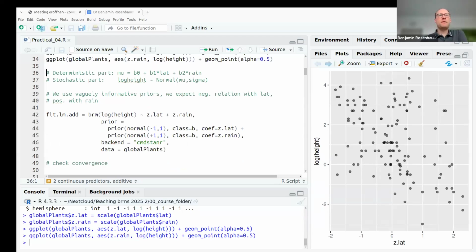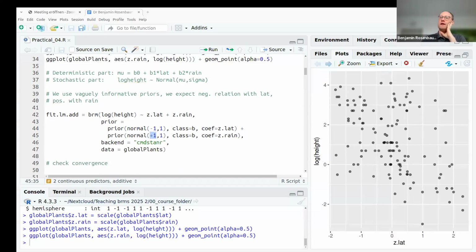I'm not going that much into prior choices here. Again, you can always do prior predictive checks. We have seen how this works. Here I'm using some very general, weakly informative expectations.